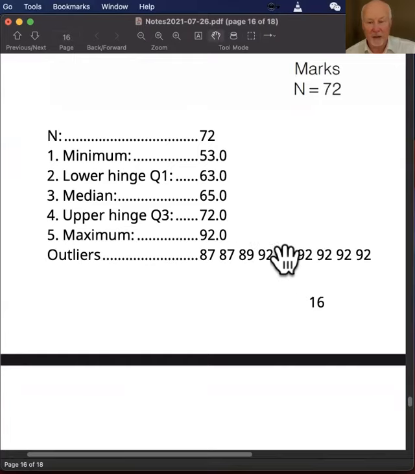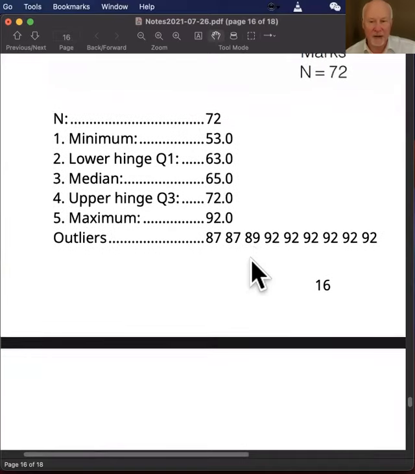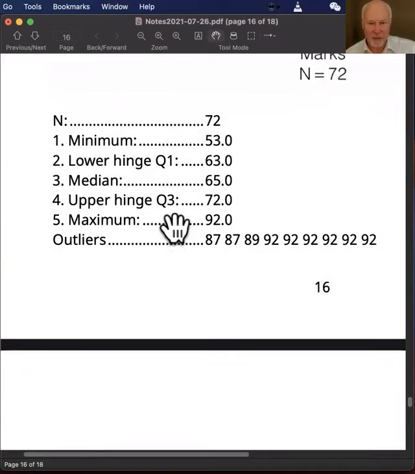And then if there's a small number of outliers, we just list them. If there's a large number, you just say there's a large number of upper outliers or lower outliers or something like that. That's essentially what we're looking for. This is the basic set of information that we get in the first step of exploratory data analysis when we're looking at a single variable. We don't normally report the upper fence or the lower fence.